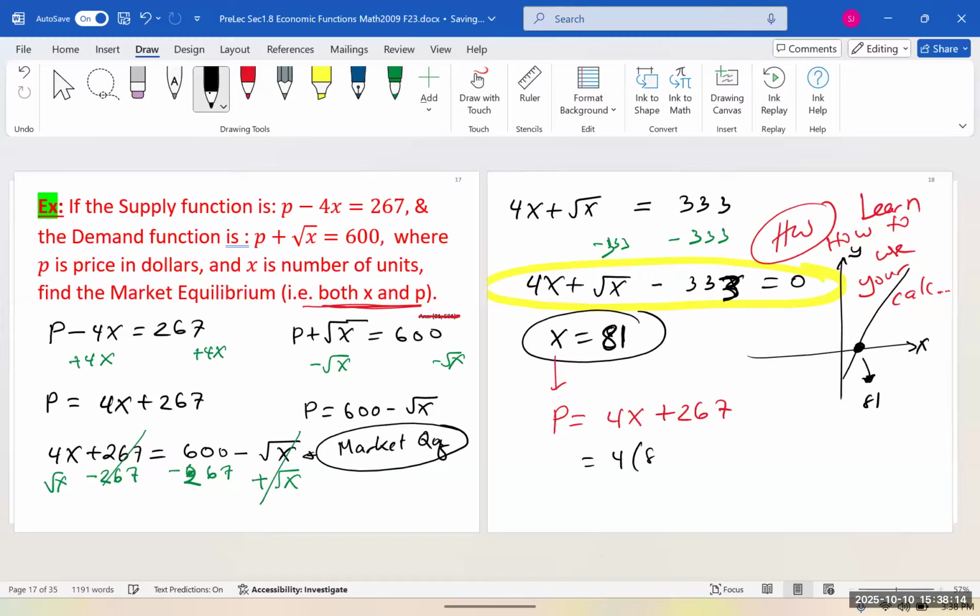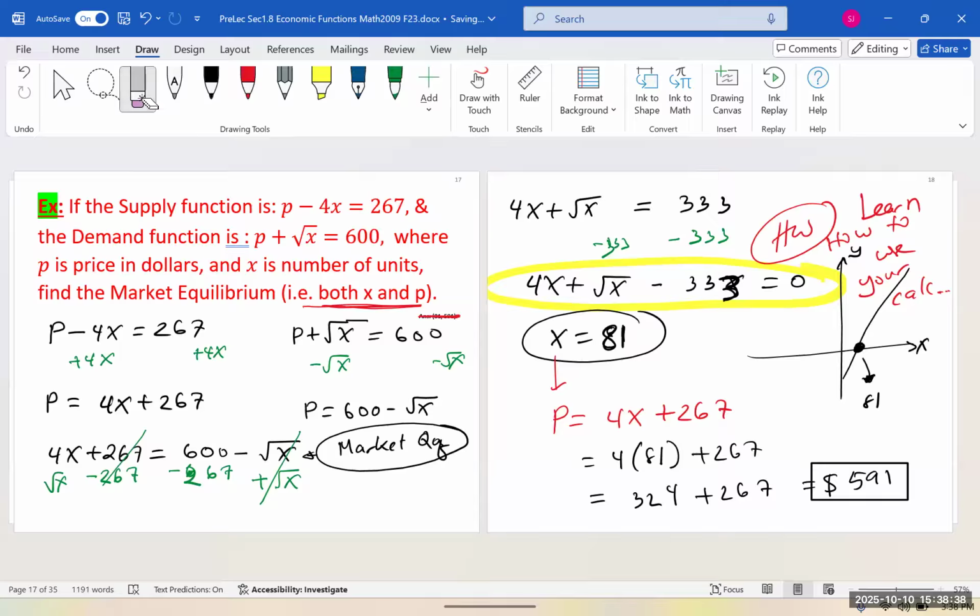So 4 times 81 plus 267. 4 times 1 is 4, and this is 324. So how much is the price? $591. Let me check the answer. Yep, the answer is correct.